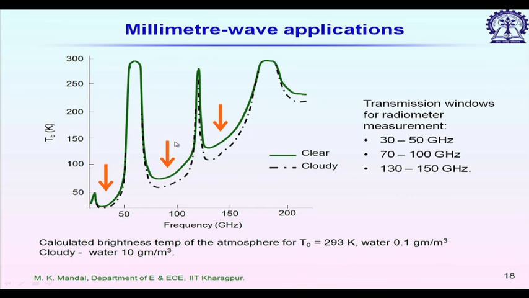Similarly at 118 gigahertz we have one more attenuation band, again due to the oxygen molecule, and near 180 gigahertz we have one more due to the H2O molecule. So, for passive imaging only some windows are available, and we have to utilize those windows. Here for example 30 to 50 gigahertz, or 70 to 100 gigahertz, or 130 to 150 gigahertz, we can use these windows for any radiometric measurement or for passive imaging.